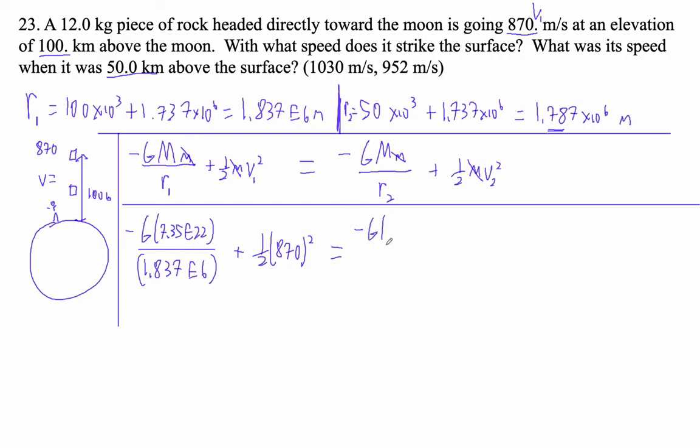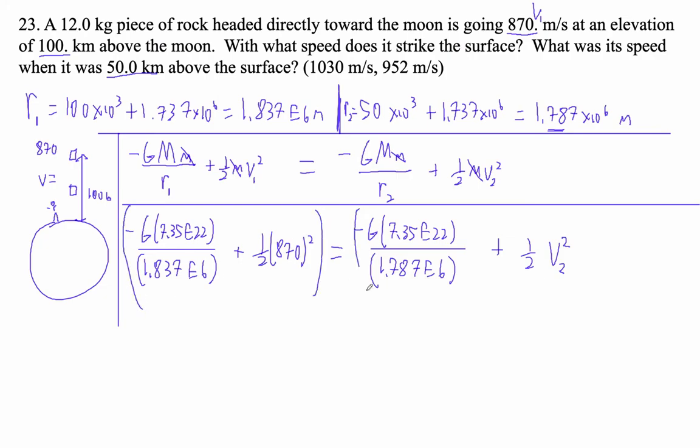Minus G times, and now this new one is 1.787, plus 1/2, and then we're solving for this velocity. I'll just call it v2 squared. All right, so let's figure out everything in these parentheses here. And then I'll subtract that, and then we can do the math.